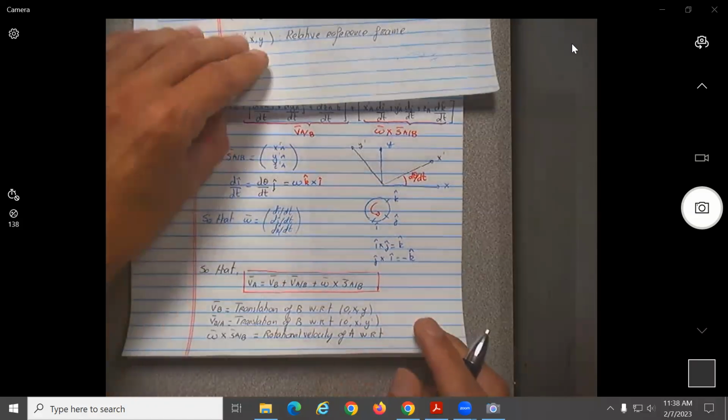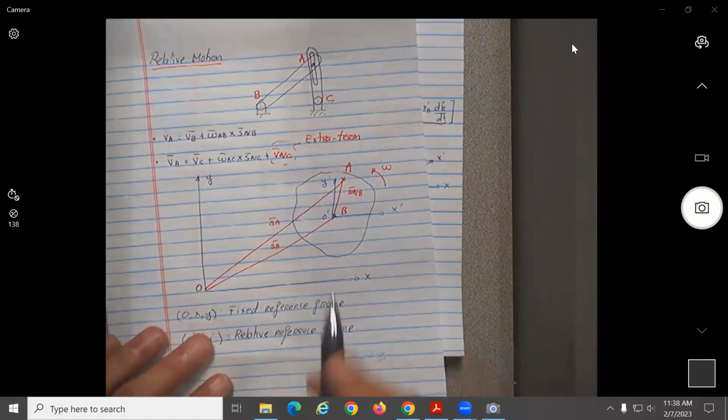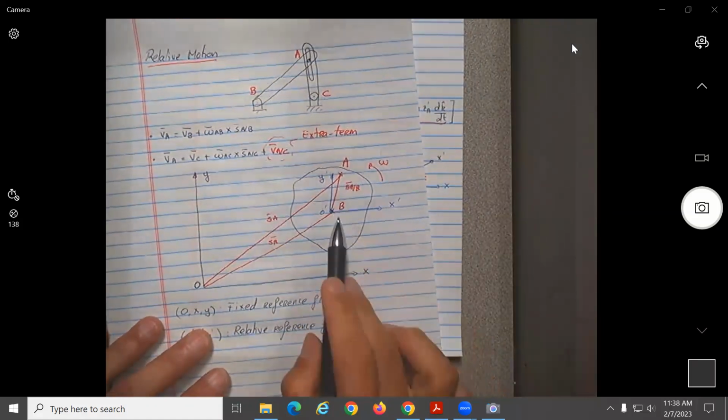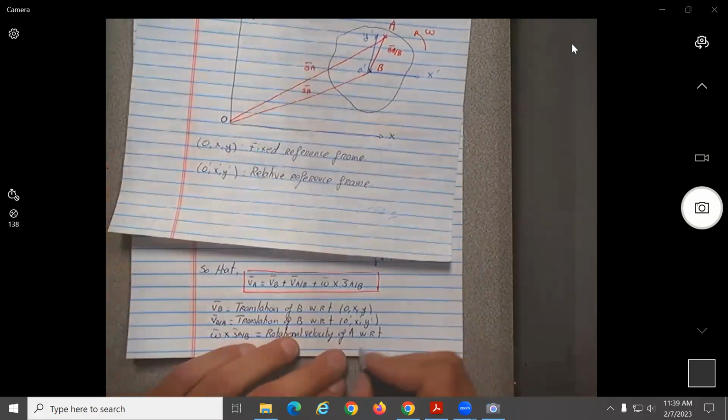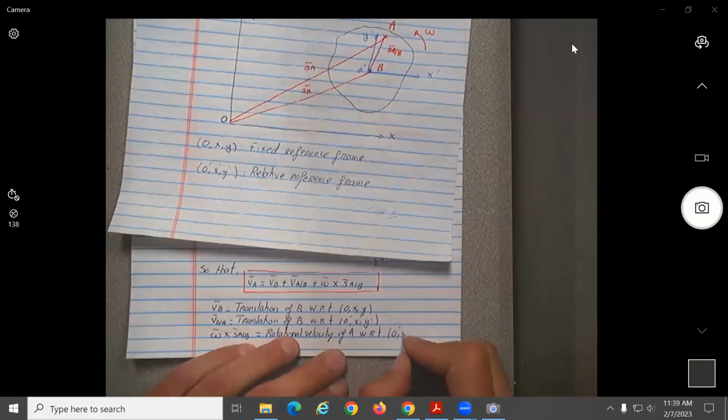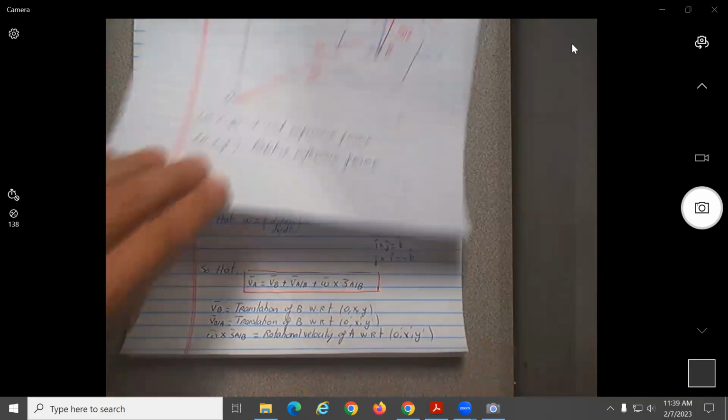The fixed. No, with respect to what? A would be rotating with respect to which point? Oh, B, which is the object moving, no? So it would be the O prime, x prime, y prime. Question.